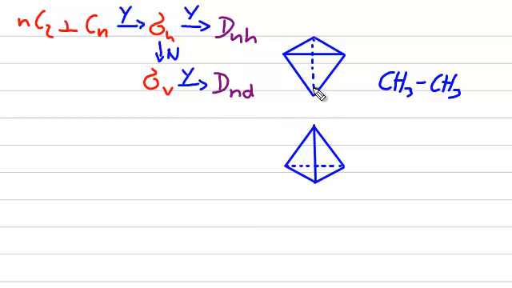The carbon atoms are located here, and there's a single bond between these two carbon atoms, and here at the corners of this tetrahedron on the top and here at the bottom there are 3 hydrogen atoms.